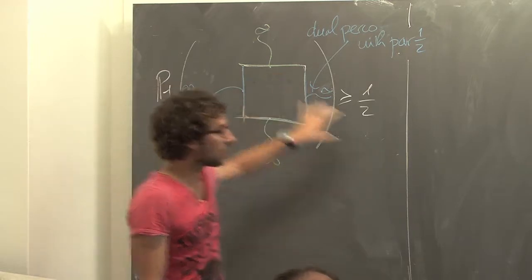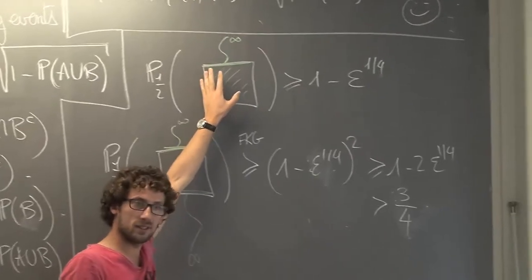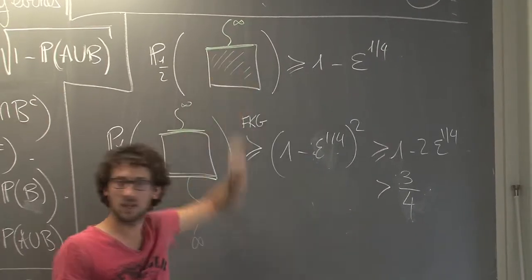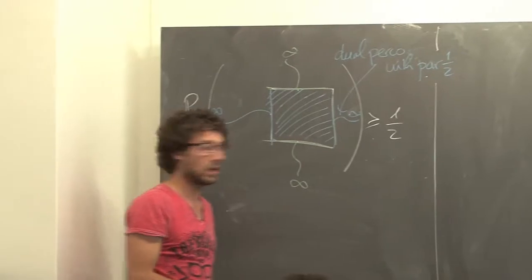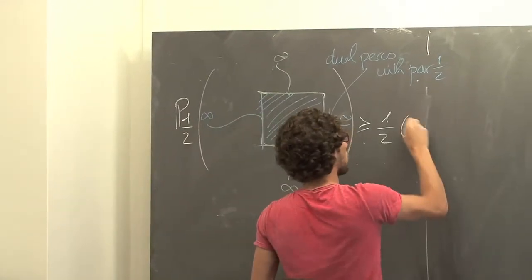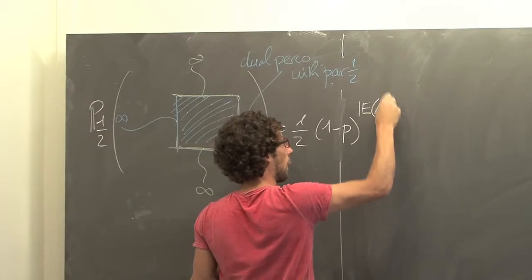The box here, I said I'm connected to infinity, but I didn't need to know what is inside the box. So what I can do in the box is close everybody. Let's close everybody. All the edges in the box are closed. So this costs me what? It costs me (1 minus p) to the number of edges in my box.